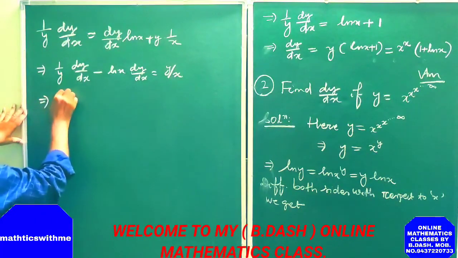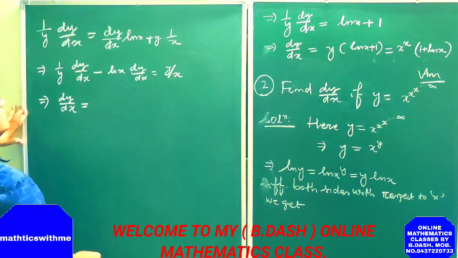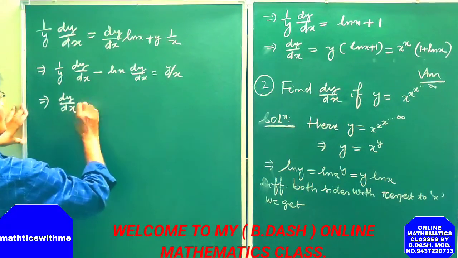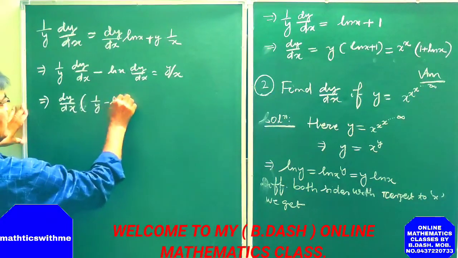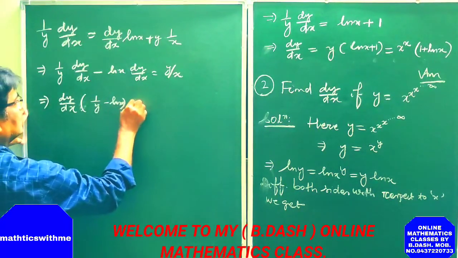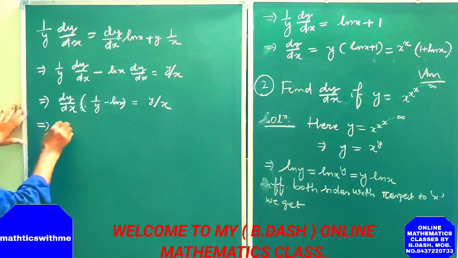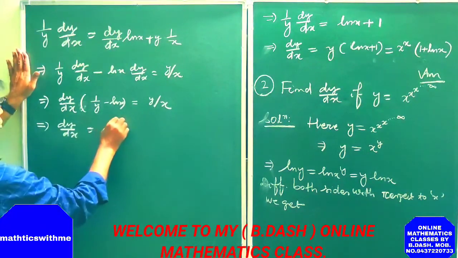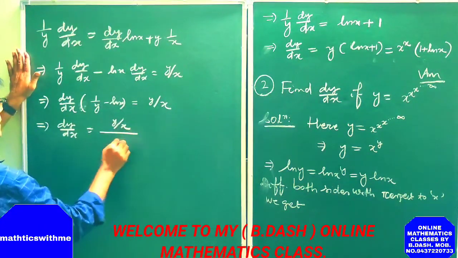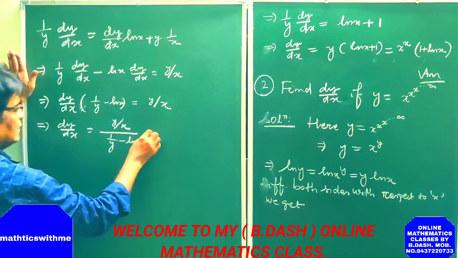So this implies dy by dx into (1 by y minus ln x) is equal to y by x. Then dy by dx is equal to y by x divided by (1 by y minus ln x).